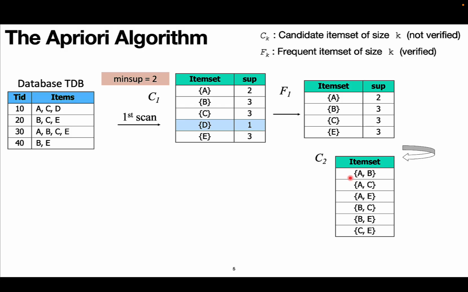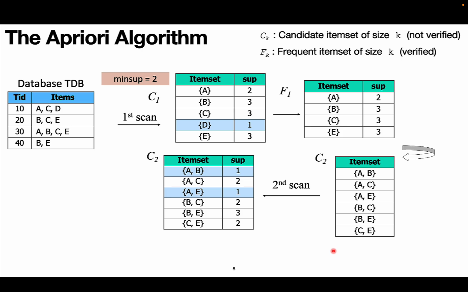As you can see, we have AB, then AC, then AE, then it goes to B and C and so on. After that, the algorithm performs a database scan to obtain the support information so it can identify those item sets that need to be pruned.